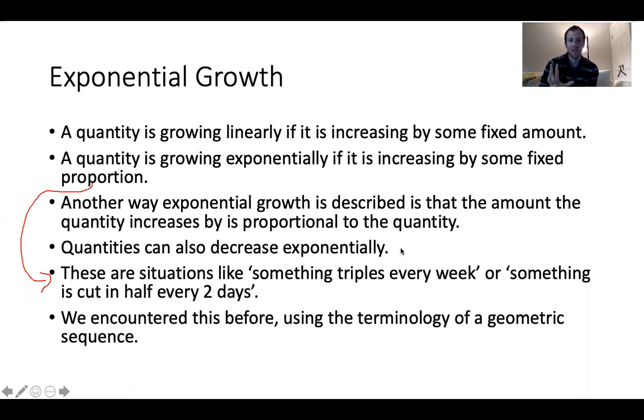A lot of times, especially populations, they're growing exponentially. But if something is decaying exponentially, we're going to use the same type of function and a lot of the same terminology and mathematical machinery, so it's not just things increasing.